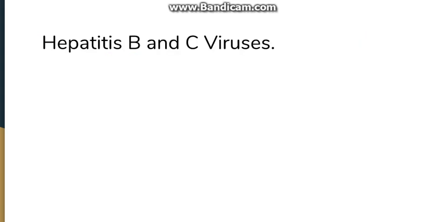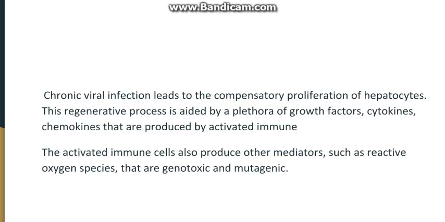Now going to hepatitis B and C virus, responsible for hepatocellular carcinoma. What happens in this is, HBV causes chronic viral infection and chronic hepatitis, okay, which leads to lots and lots of hepatocyte death.